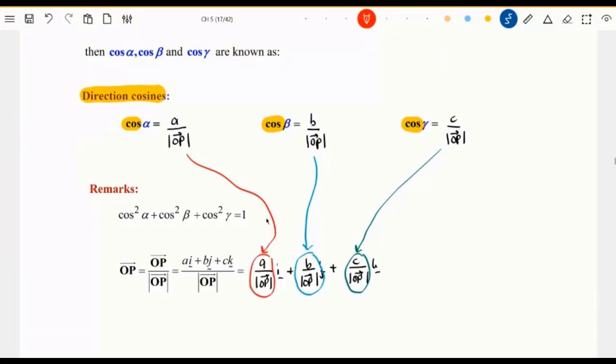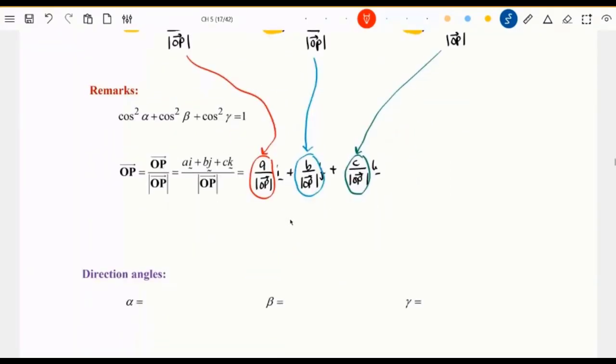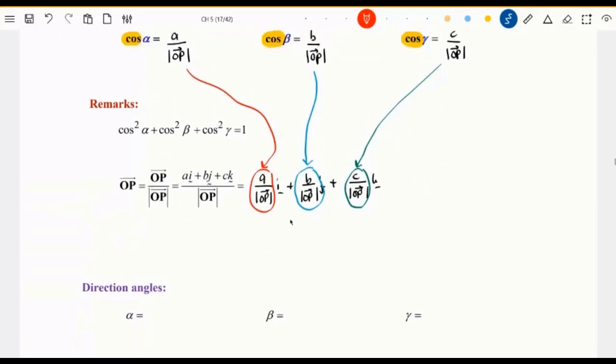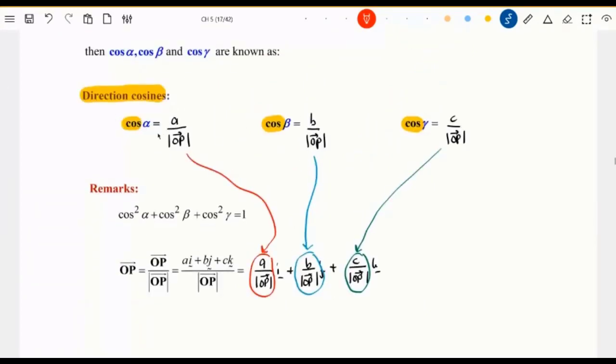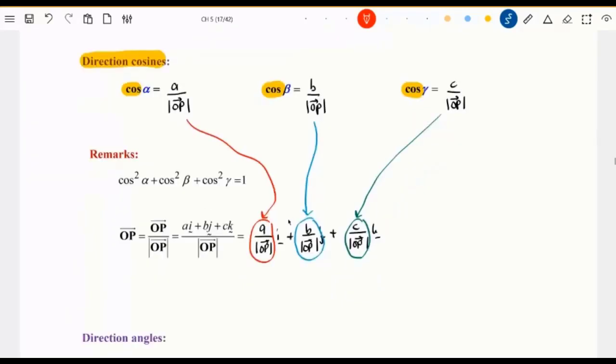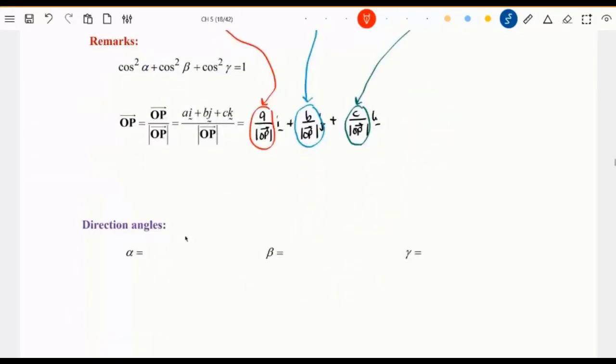Okay, so far clear? Nampak mana datang dia? Okay ke semua orang? Okay, alright. So next one adalah direction angle. Direction angle, dia extend sikit daripada direction cosine, which is kita nak cari alpha, beta dan gamma, kita nak cari angle.